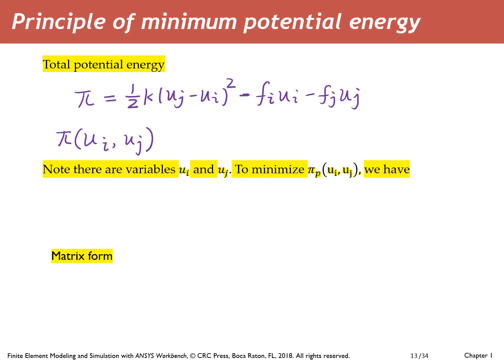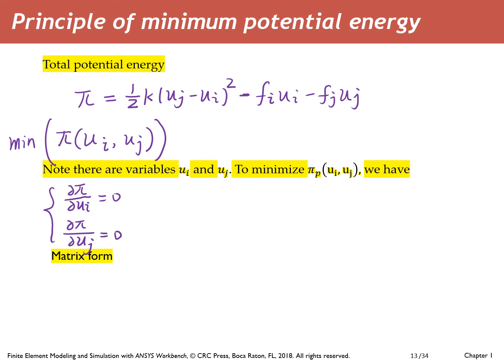So we minimize the potential energy based on two variables, and for two variables we should have partial Pi over partial ui equals 0, and partial Pi over partial uj equals 0.